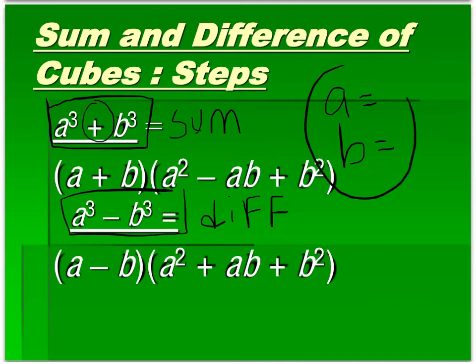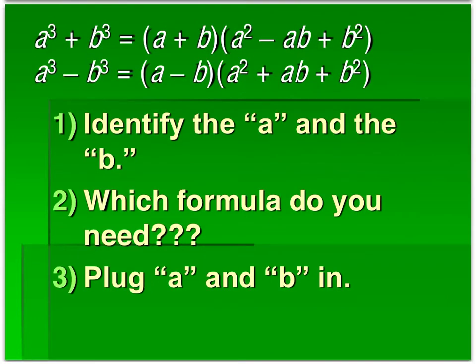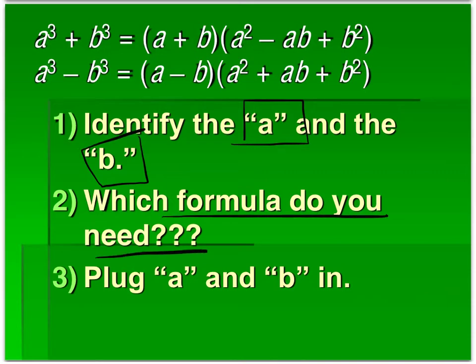And then you just simply plug it into the correct formula. Here are some of the steps: identify the a, identify the b, figure out if it's a sum or a difference, and then plug it in. Plug and chug.